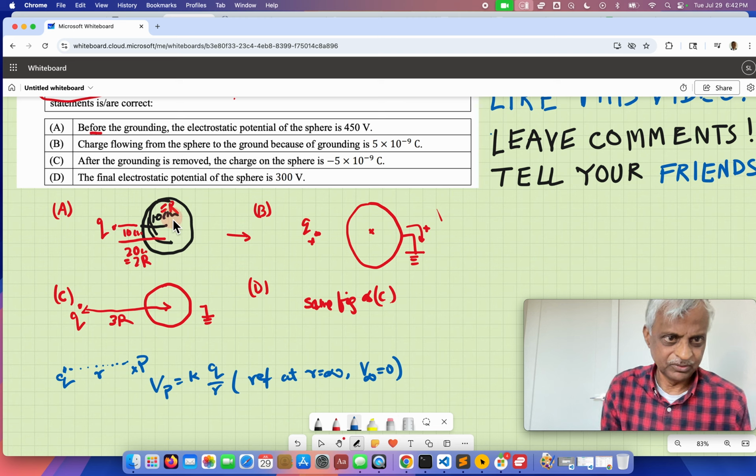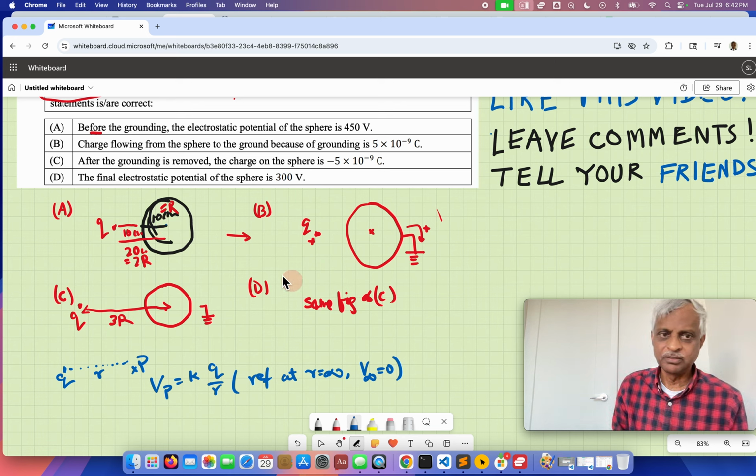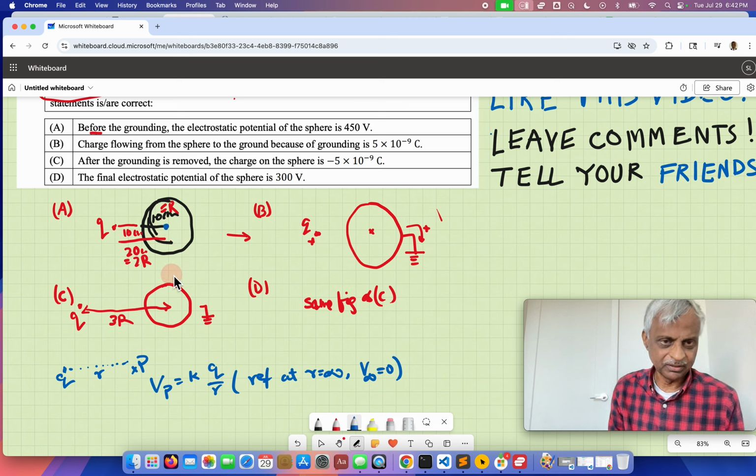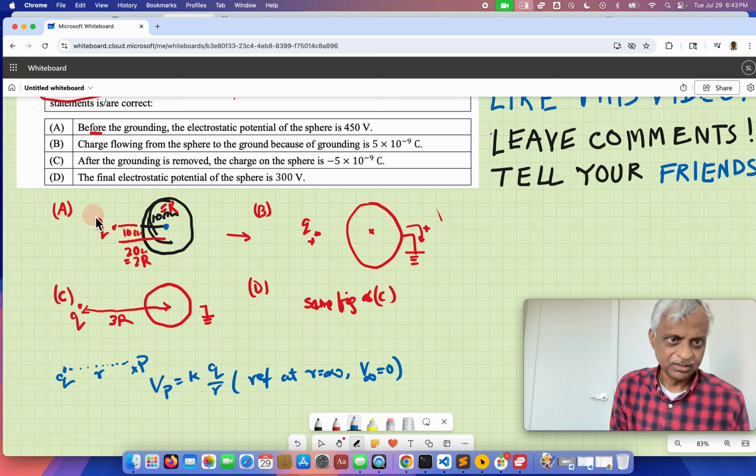So let's see, before the grounding, what will happen? Before I brought this sphere, there was some potential over there. When I put the sphere, now the sphere gets charged on this side, and the other side is equally distributed.